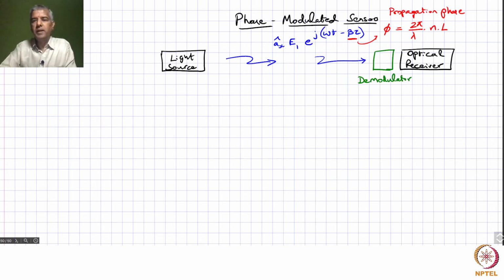And what does the demodulator do? The demodulator converts phase changes into amplitude changes. So, what exactly are we talking about? Let us do a pictorial representation of this.